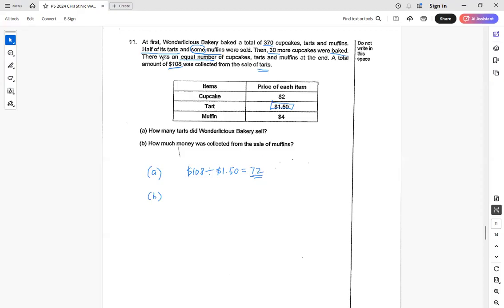And then since half of the tarts were sold, it means that at the end, there's also 72 left. Because if you sold 72, whatever is left is also the same because half of them were sold. Meaning I can write down the tarts at first.